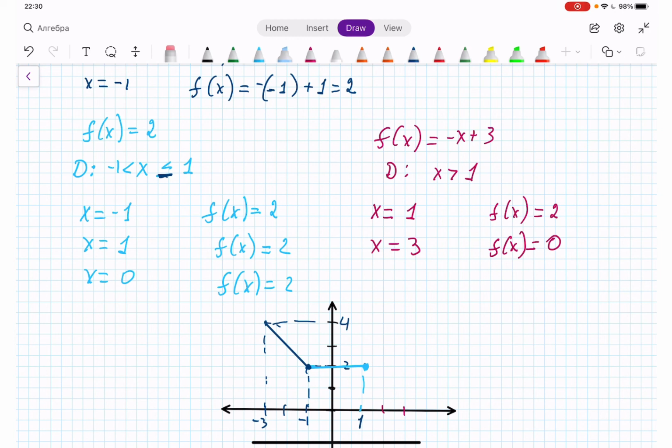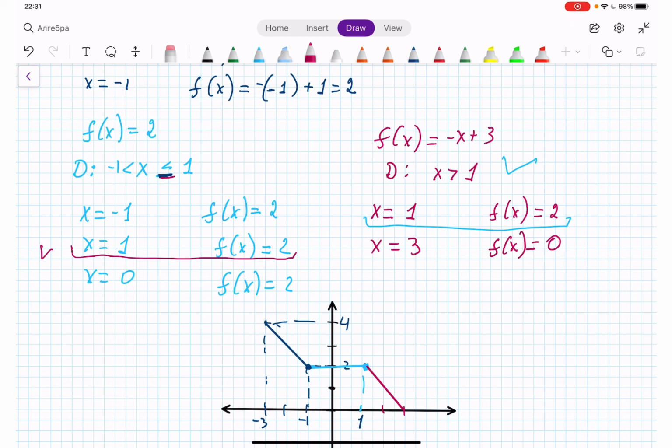Do we understand this? It's crucially important. Look here. We have the same point on both equations. In one case it's an empty circle, just like here. And in the other case, it has an equal sign, which means it has to be full.